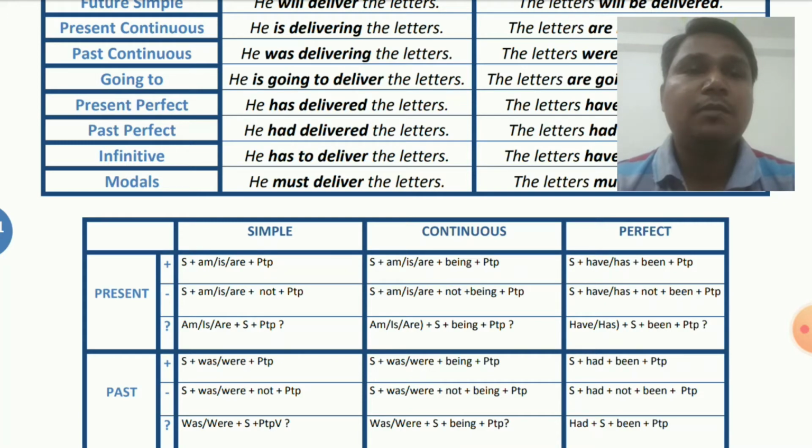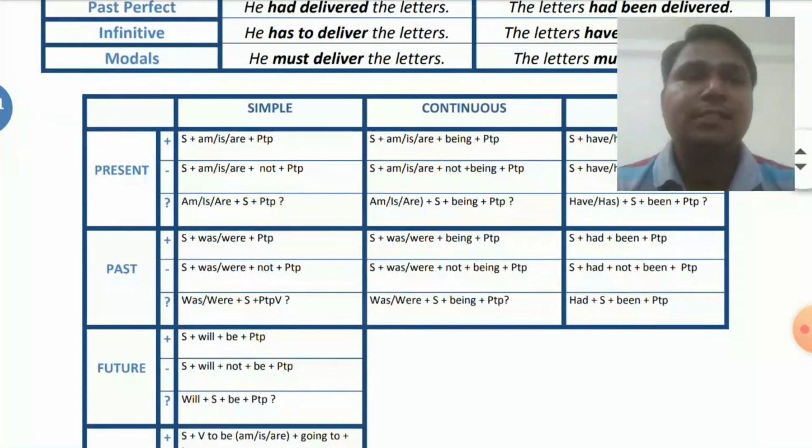You will write by whom the letters are delivered, or by whom are the letters delivered. So the formation will change, because by whom, by will come first. By whom are the letters delivered? Now let's see the past tense.